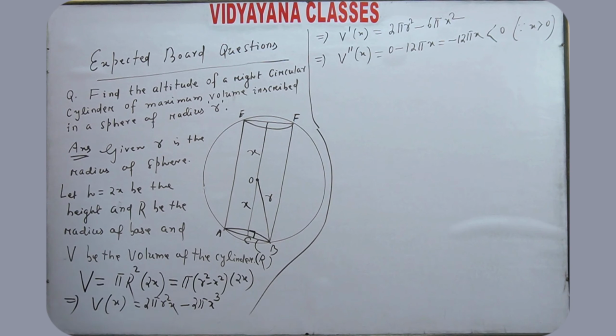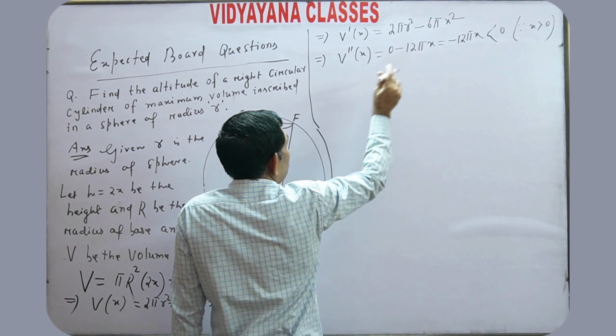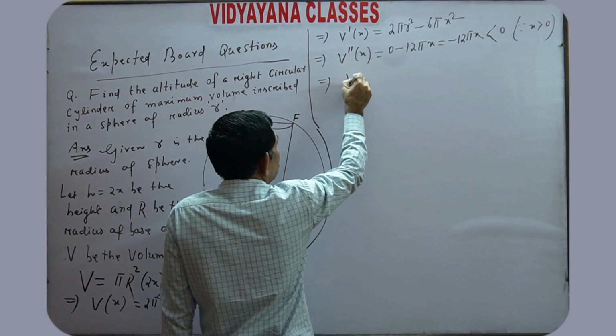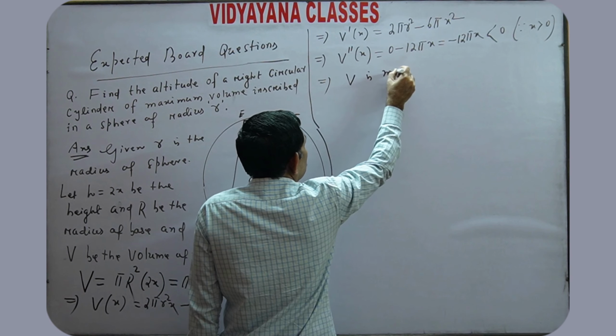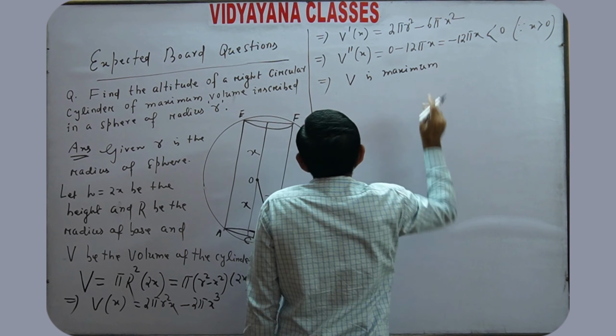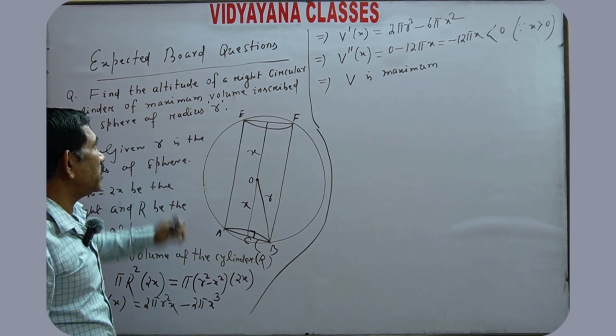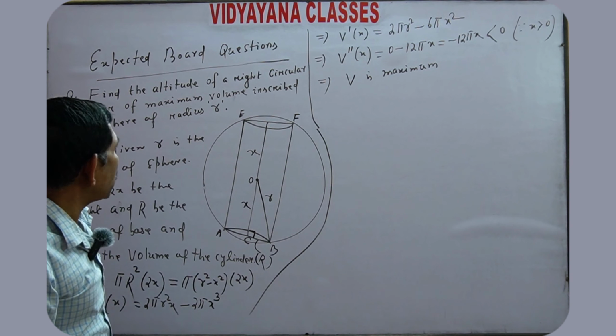H is greater than 0, so x is greater than 0. V double dash x less than 0 implies this V is maximum. So the given statement is true. The volume of the cylinder is maximum.